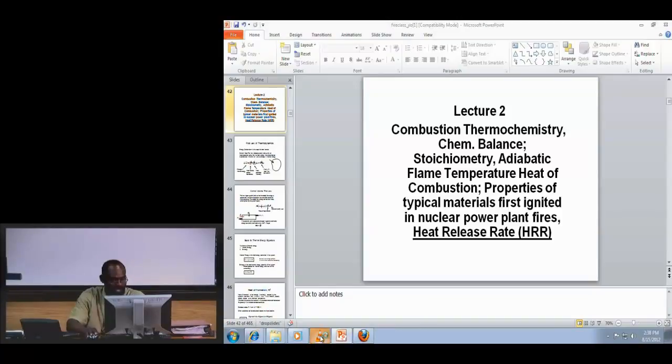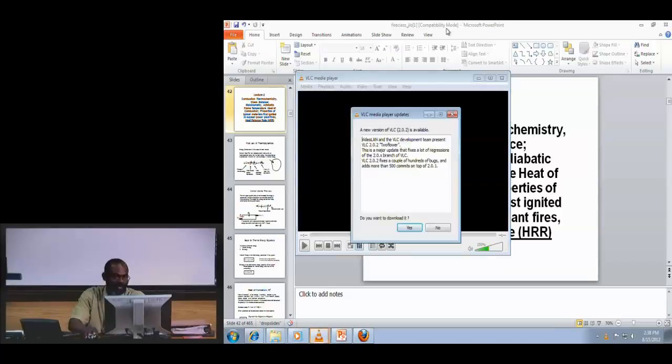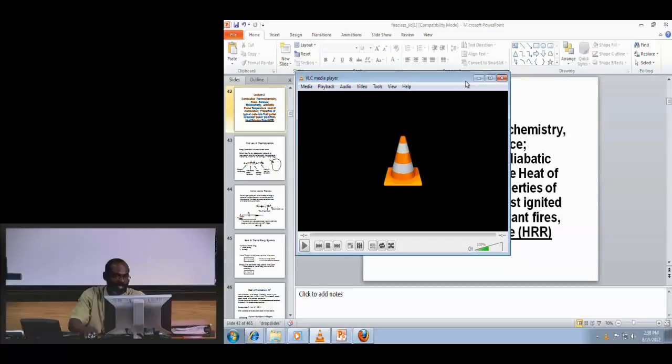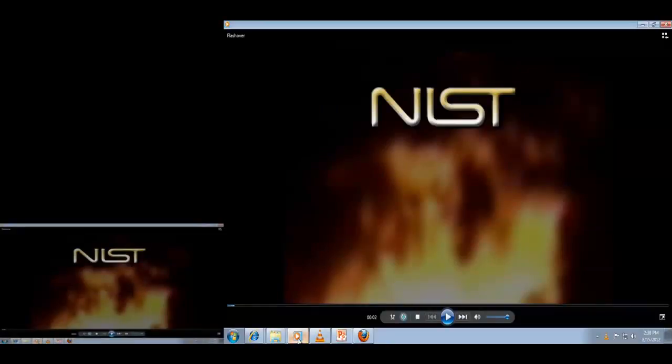So we talked about the evolution of a fire in the last lecture, and I want to show a little video clip from a National Institute of Standards and Technology video, sort of training guide, on how quickly a fire might evolve within a compartment.